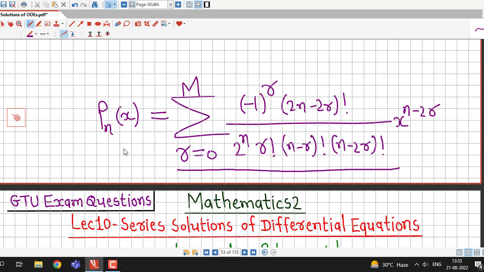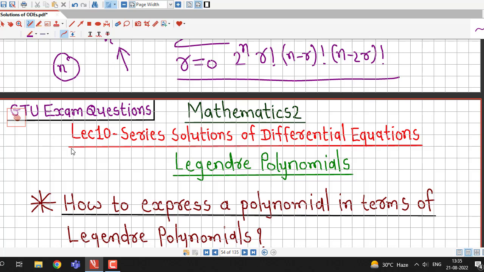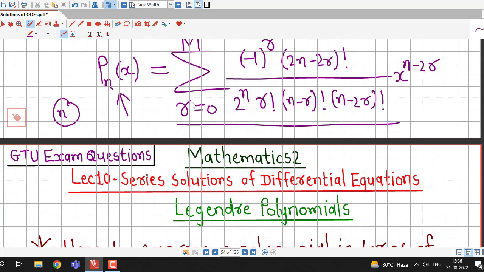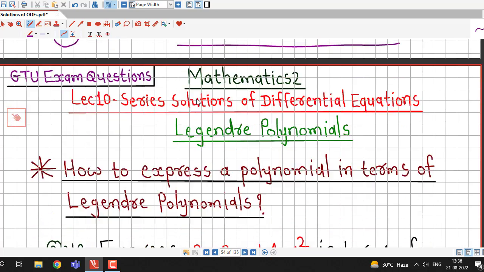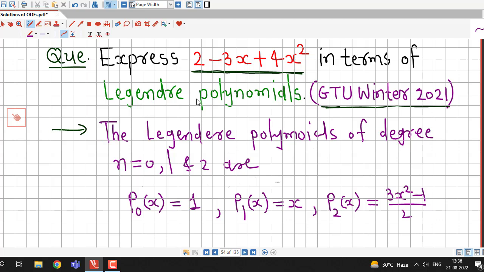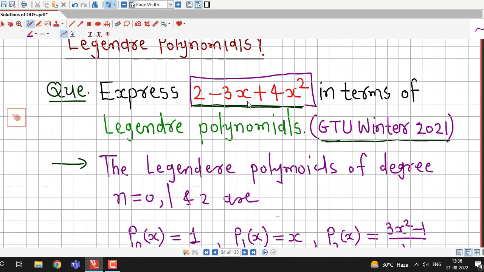Using this formula you can write the Legendre polynomial of degree n. So if you forgot, you can put particular values of n here and write your required Legendre polynomial. Here our polynomial is of degree 2, so we require Legendre polynomials up to degree 2. Now in the next step we will write the expressions.